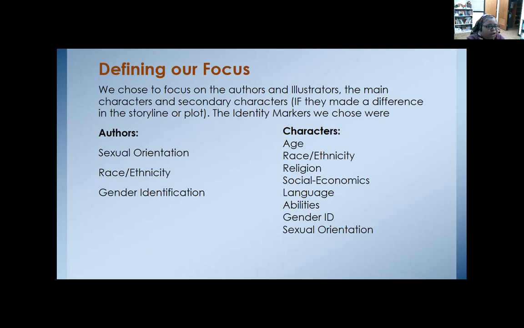And the same with illustrators. For characters, though, we needed to look at age, race and ethnicity, religion, socioeconomics, language, abilities, gender ID, and sexual orientation. Now, each of these has a drop down box of choices that we decided to look at.